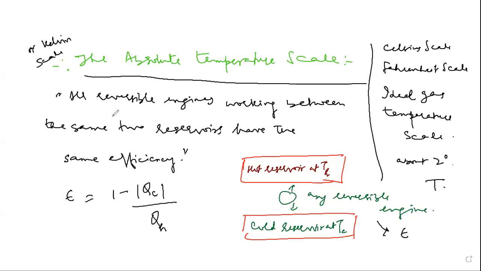So the conclusion is that the efficiency of a Carnot engine or reversible engine must depend only on the temperatures of the two reservoirs, because if we change the temperature of the pair of reservoirs, then automatically the efficiency will change.